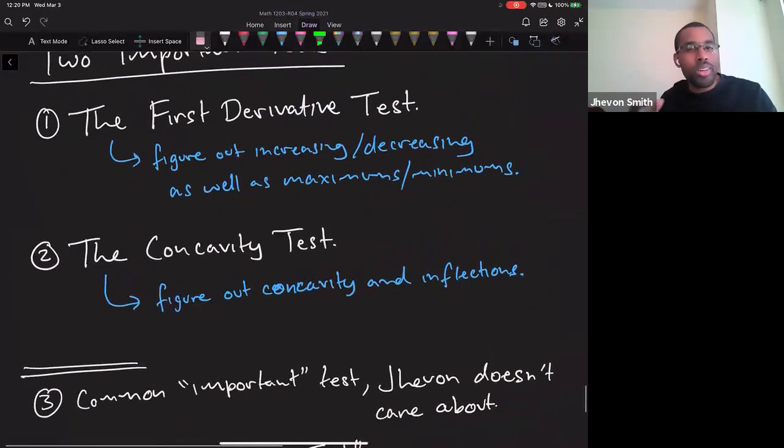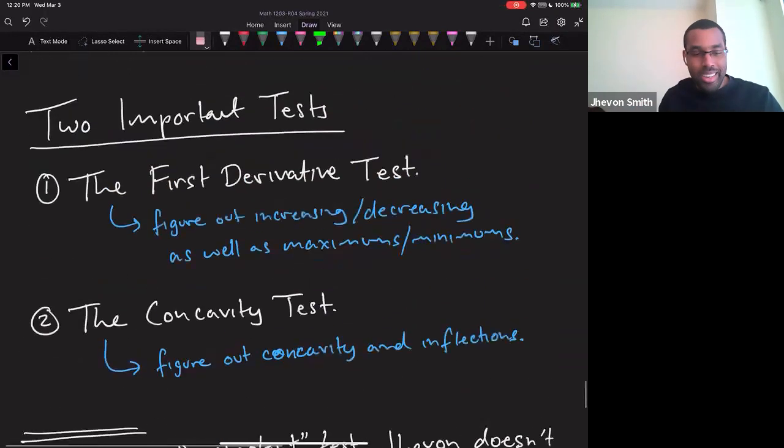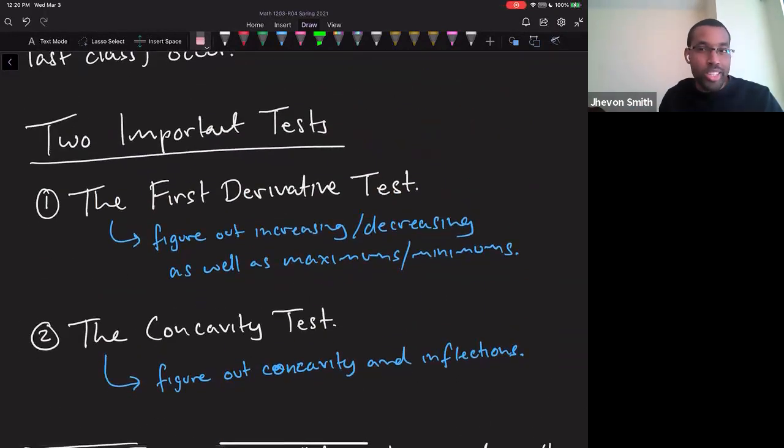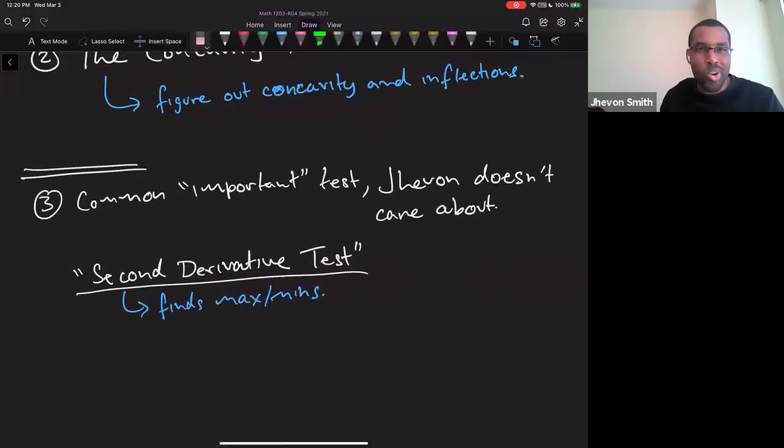However, it can be important in some contexts if you already have certain information and you just want a little bit more information, sure. But in a Calc 1 class, I really don't think it's that important, because I'm pretty much going to be asking you to do these two tests all the time. And once you do the first test, this one becomes useless. Like, you already have all the information it could give you.